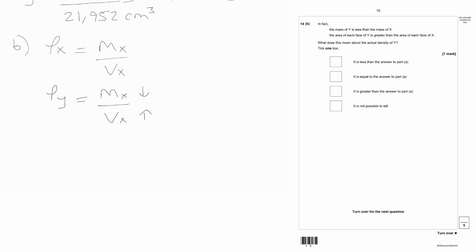Well, if we decrease the number on top and increase the number on the bottom, then it means that this value, the density of y, which I'll put as p of y, will be smaller.